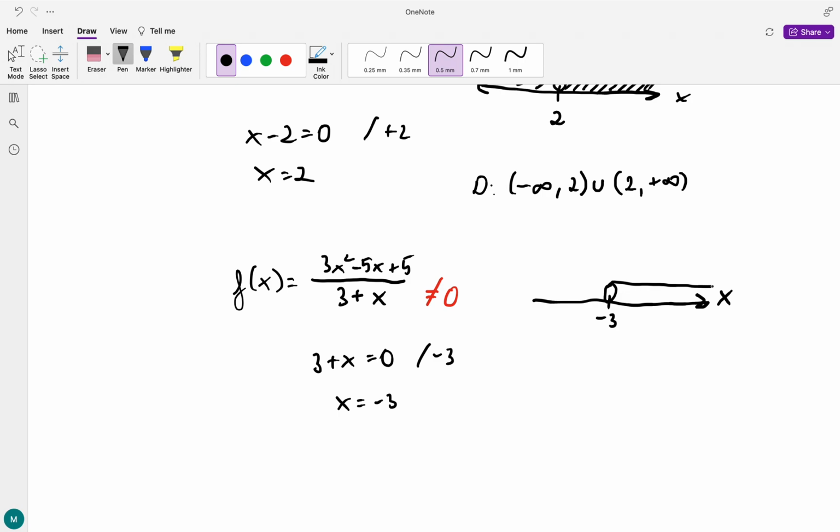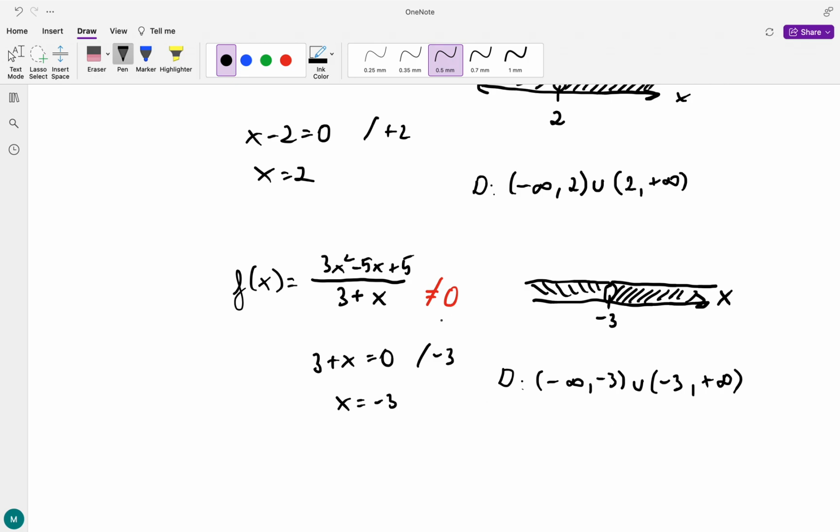And we're going to select all of the numbers greater than negative 3 and also all the numbers less than negative 3. And to use interval notation, we're going to say the same thing. That is from negative infinity to negative 3, parentheses, union, parentheses, from negative 3 to positive infinity.